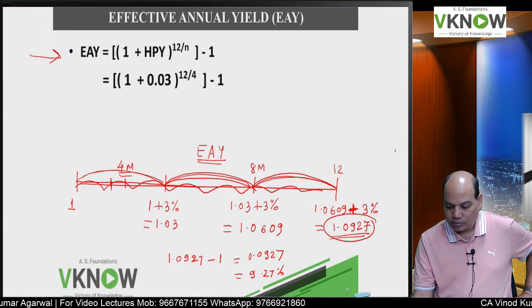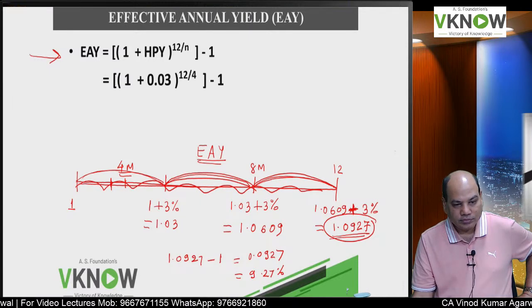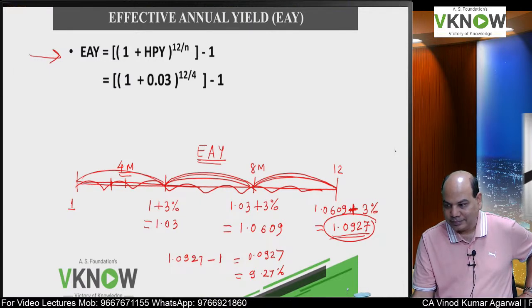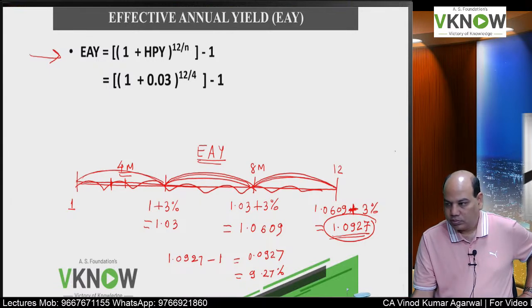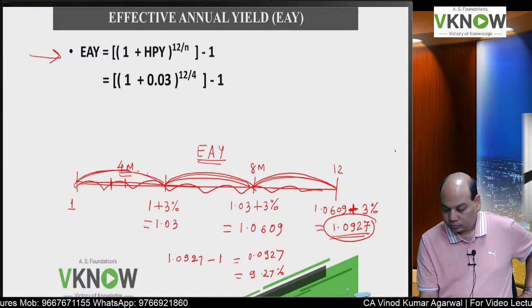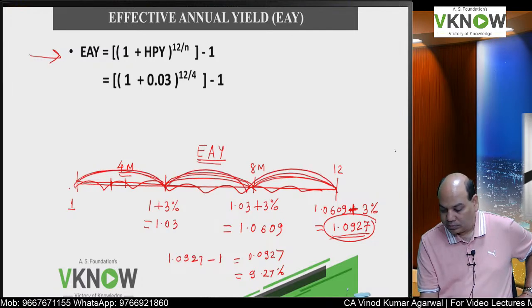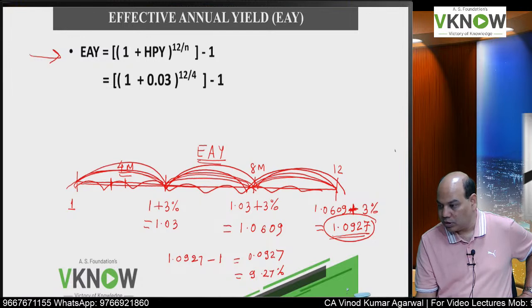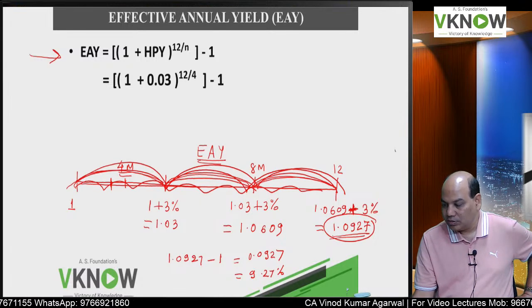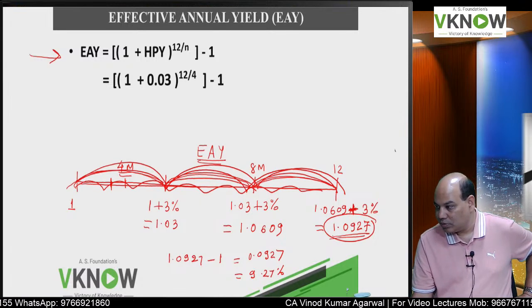Solve. How do you solve? 1 plus 0.03 to the power 12 by 4. 3 times return will be earned. If one period is 4 months, there will be 3 times the return will be earned. Come on.